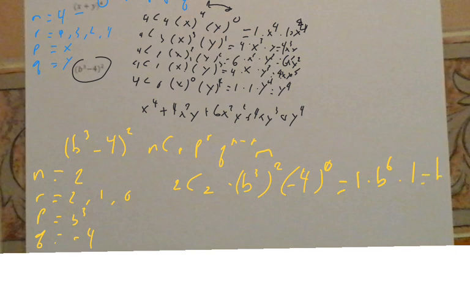So we have b to the 6th, and then 2C1, right? Because we're going down. The power goes down on r every time we do it.